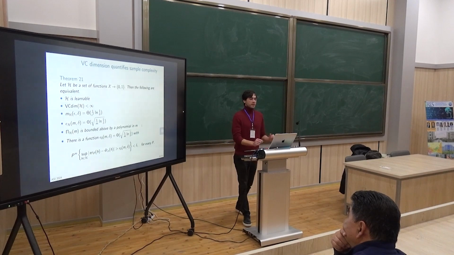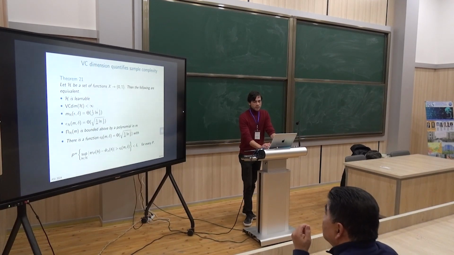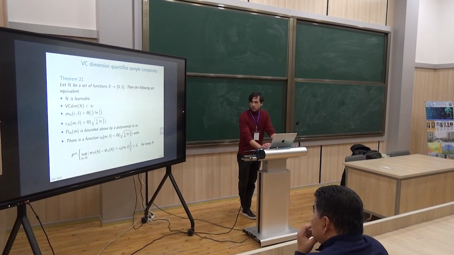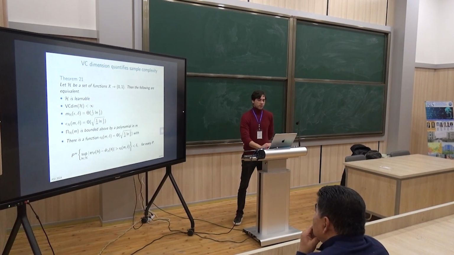Is equivalent to stating that the sample complexity for the hypothesis class for epsilon delta learning is like this quantity, 1 over epsilon squared log 1 over delta. Or equivalently, that the slack, the gap that we have from the best possible hypothesis, behaves like square root of 1 over m log 1 over delta.